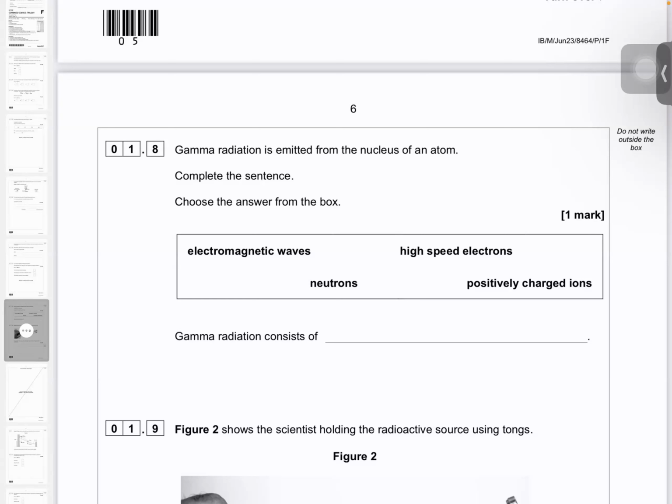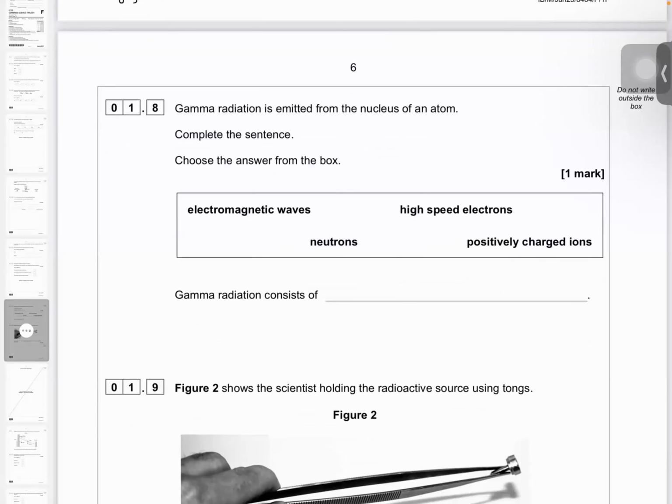It's not high-speed electrons, it's not neutrons, it's not positively charged ions. It should be electromagnetic waves. Help me confirm from the marking scheme if that's the answer. Is electromagnetic waves correct? Yes. Okay, all right.